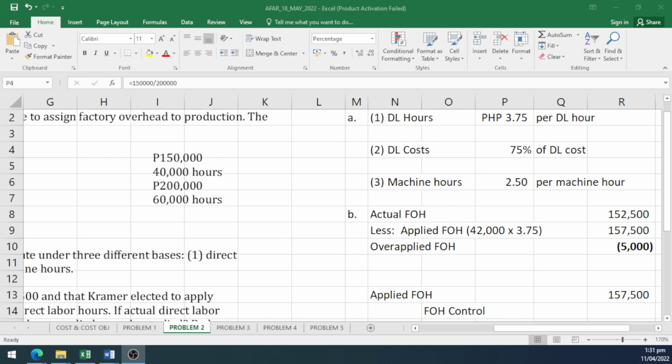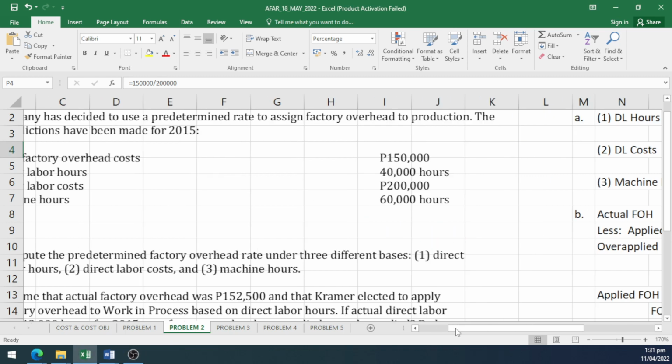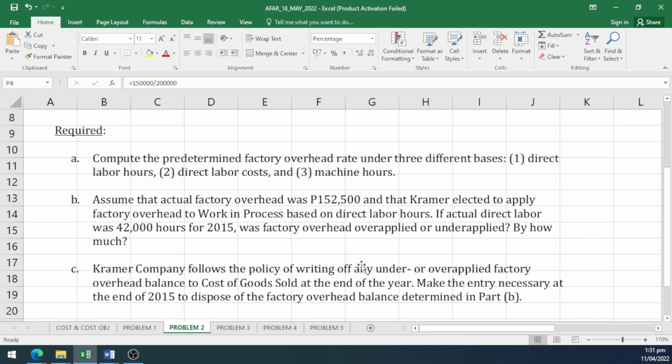Okay? Now, for letter B, assume that the actual overhead was 152,500 and that Kramer elected to apply factory overhead to work in process based on DLRs. Actual DL was 42,000.